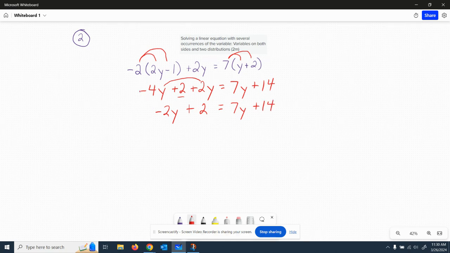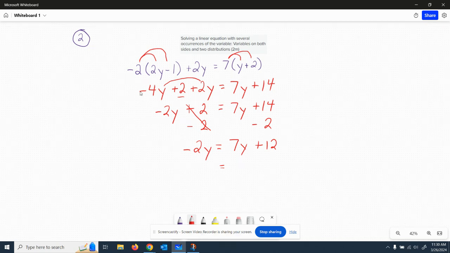All right, so let's go ahead and subtract 2 from both sides. Want to get rid of this 2. I'm left with -2y equals 7y, 14 minus 2 is going to give you plus 12.